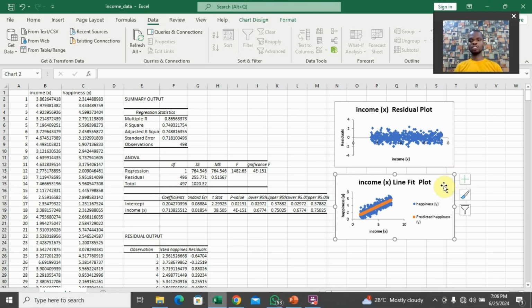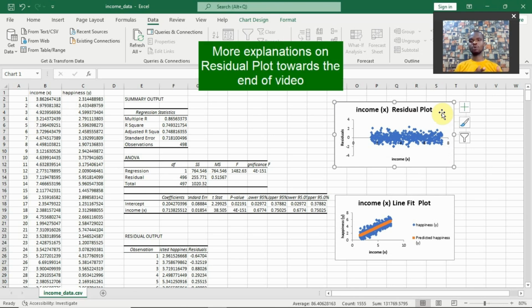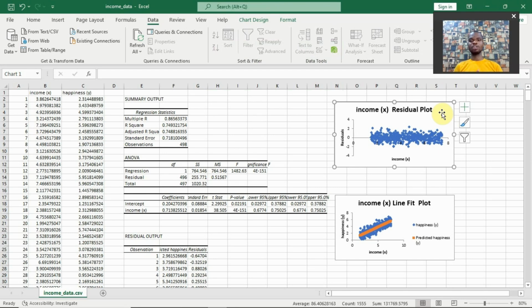Number one, these plots can tell us if our data suits a linear regression kind of analysis. Is the relationship between X and Y a linear relationship? Will it follow the formula Y equals bx plus a, or is it not a linear relationship?